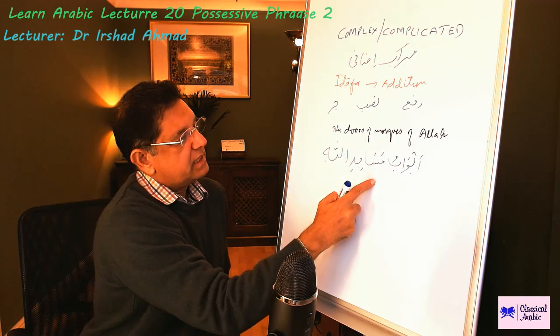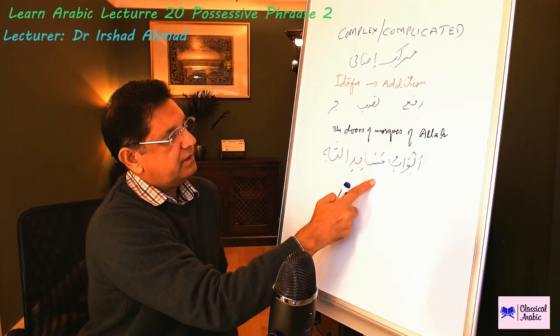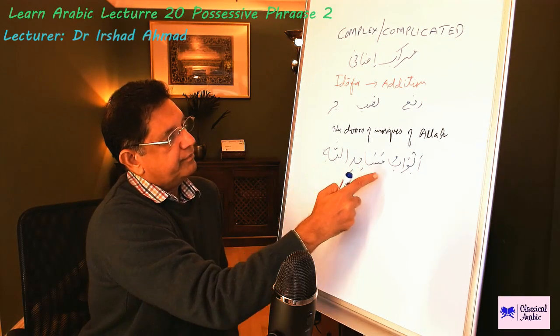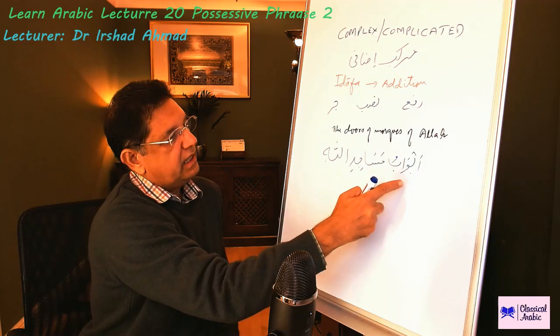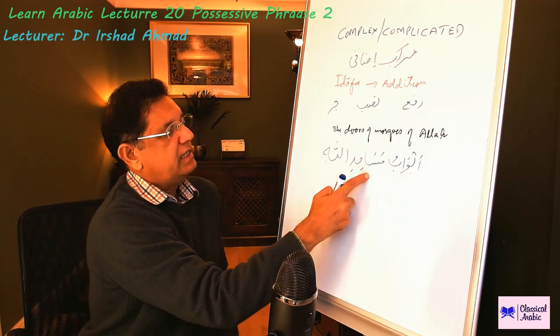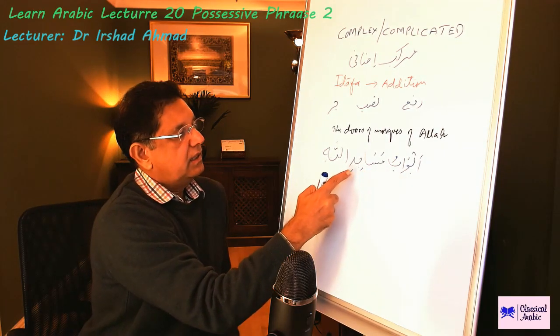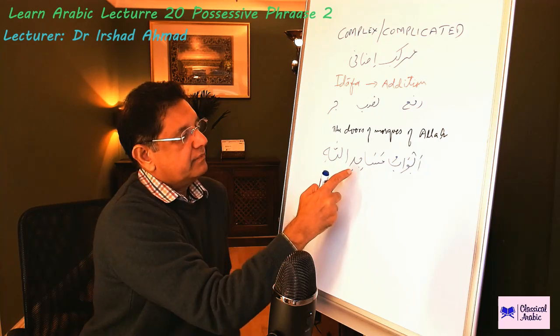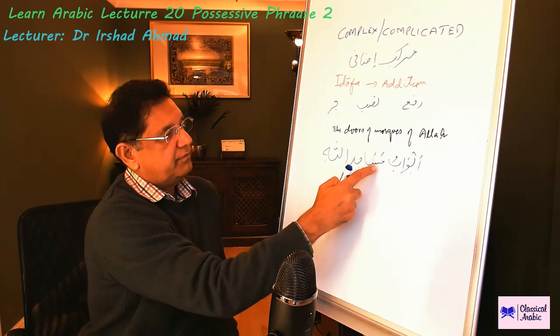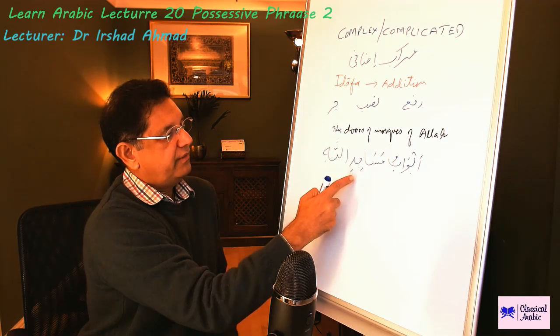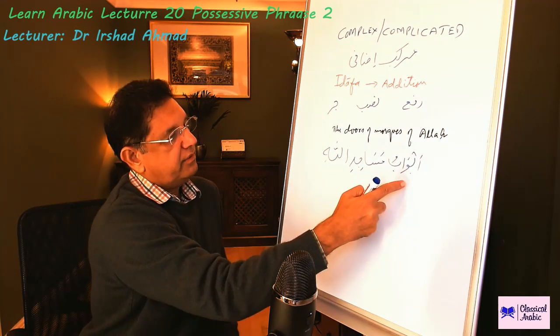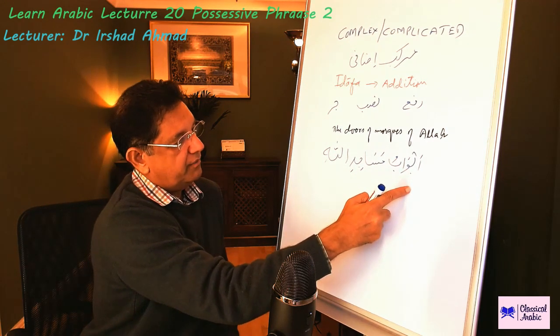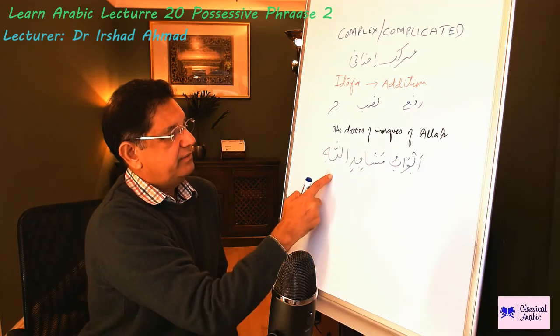So masajid here, because of being mudaf ilayh of abwab, has accepted kasra in the state of jar, because here it's mudaf ilayh of abwab and mudaf of lafz jalala.